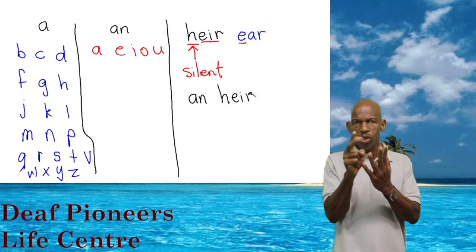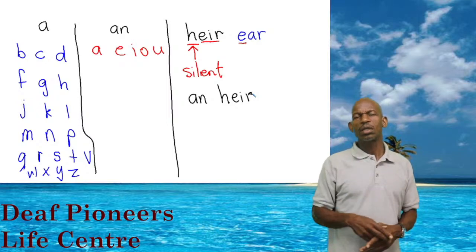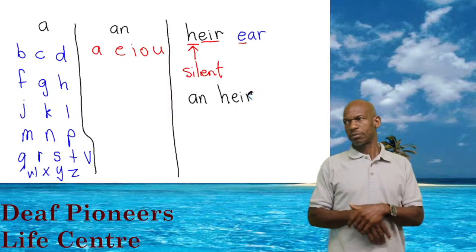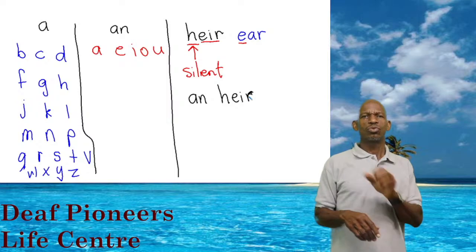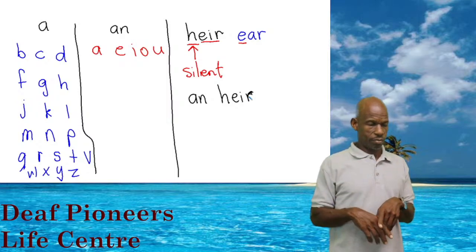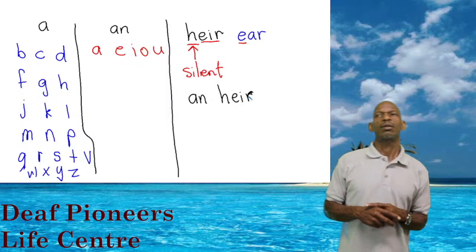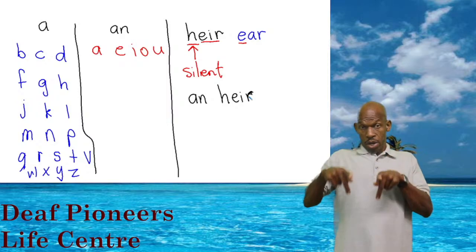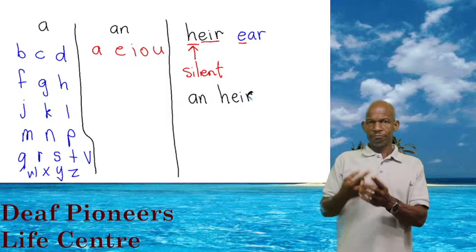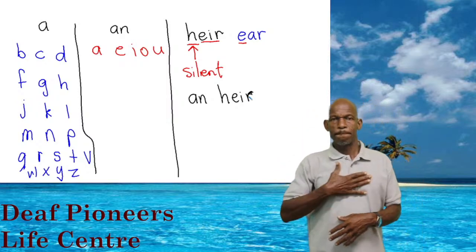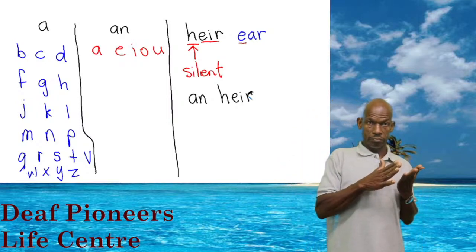So I don't want you to be confused. Now, even this word, you may say, first time I'm seeing this word, what is this word? This word means a person, it's a name of a person. It's a noun. It's a name of a person who inherits or gets something when a family member dies, or is entitled to certain things when someone dies.